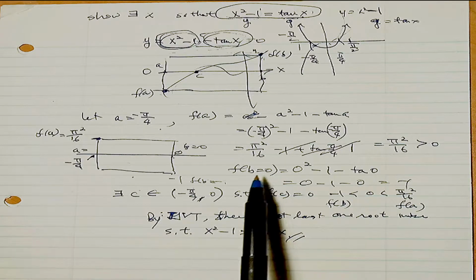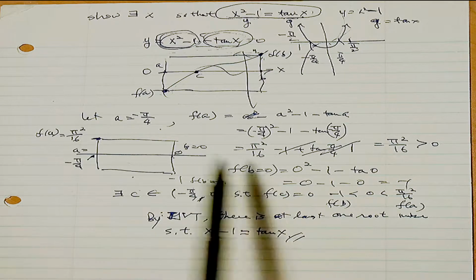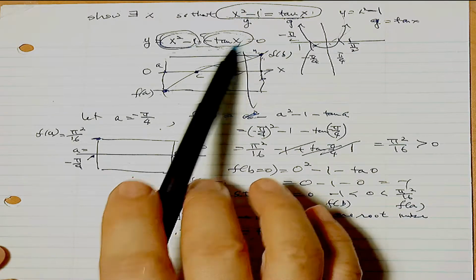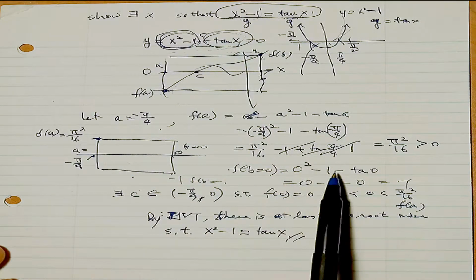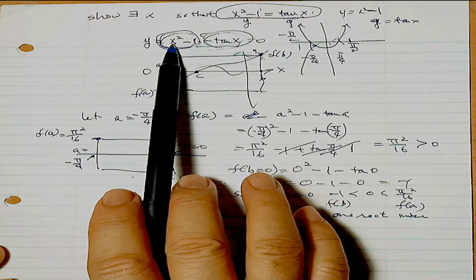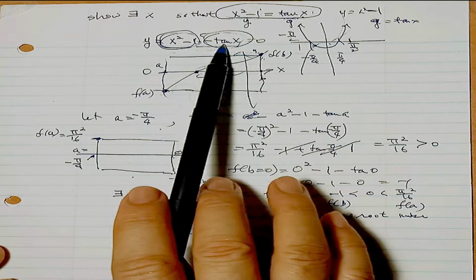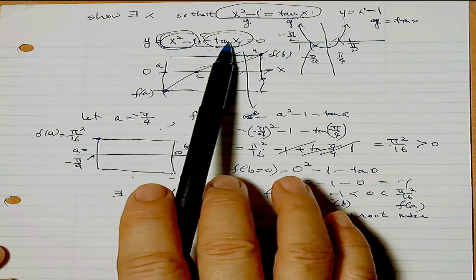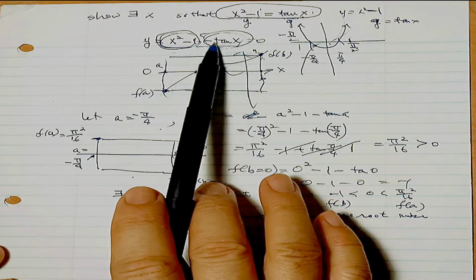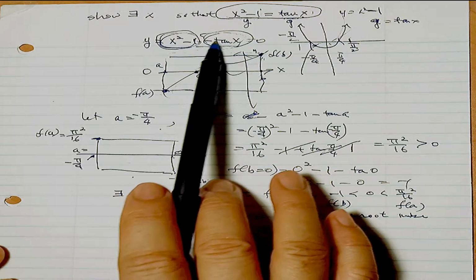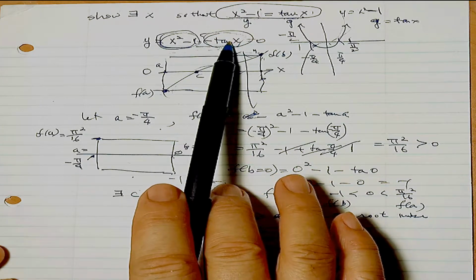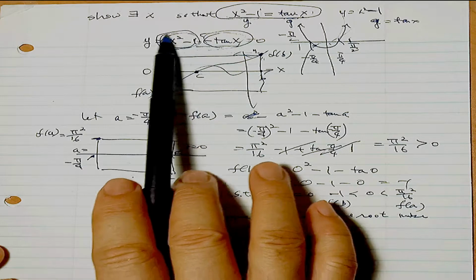That is, you have to find an a or another number where this equation will give you the opposite sign. So since you plug in 0, you got a negative 1. That tells you that you better find another x for which this function will be positive. Then you just have to think hard enough about what number would give you positive. Well, if you try negative something that will be easy to evaluate, for example, negative pi by 4, which gives you negative 1, and then negative 1 plus 1 cancel and that becomes positive.